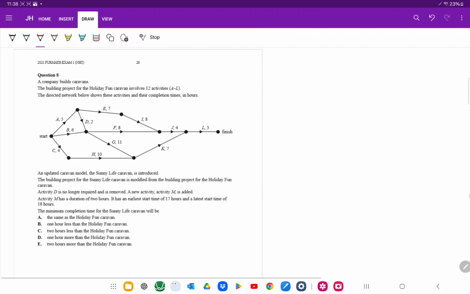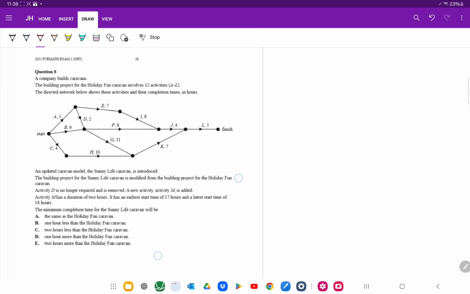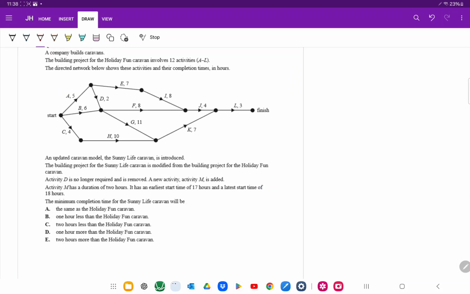Alright, for this last question, this is quite a difficult question. The first stage for this question is to actually draw up forward scanning and also look at what the critical path is. So just to save time, I'm going to work out what the critical path is in just a moment.